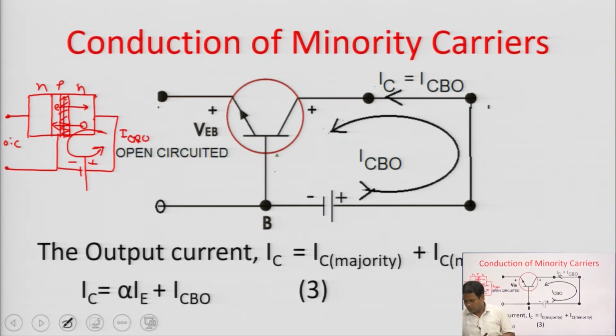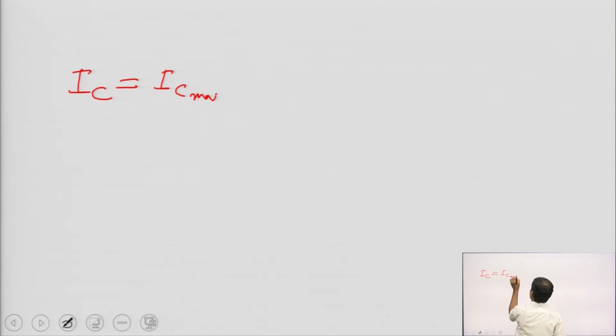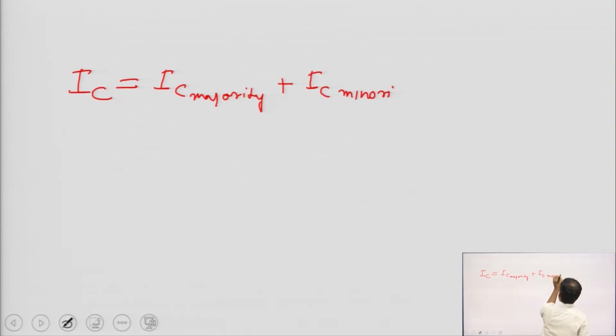Now, the total output current is IC equal to IC majority plus IC minority.